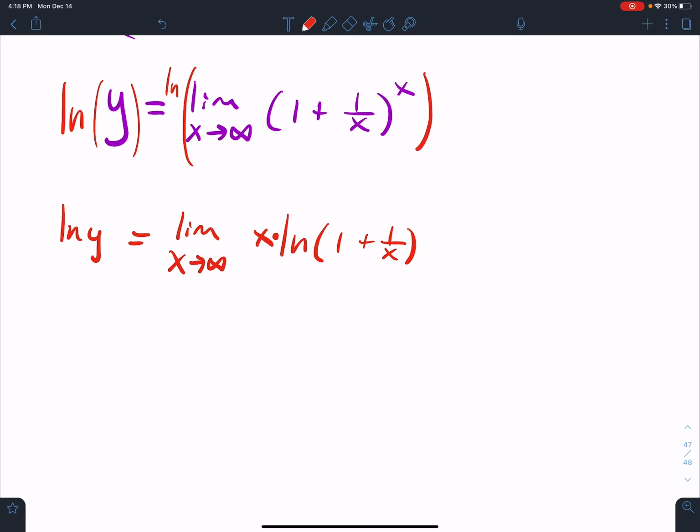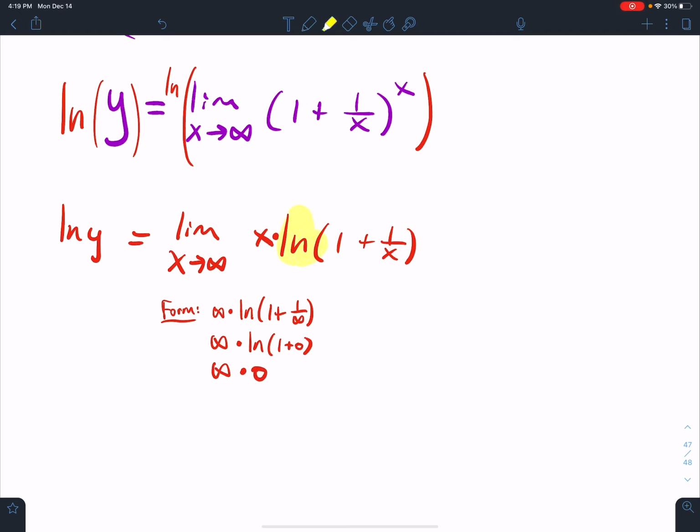Now I'll look at my limit. What's the form? Is it in L'Hopital form? Well, it's infinity times the natural log of 1 plus 1 over infinity. So that's infinity times the natural log of 1 plus 0. So that's infinity times 0. So I'm not in the form yet, okay?